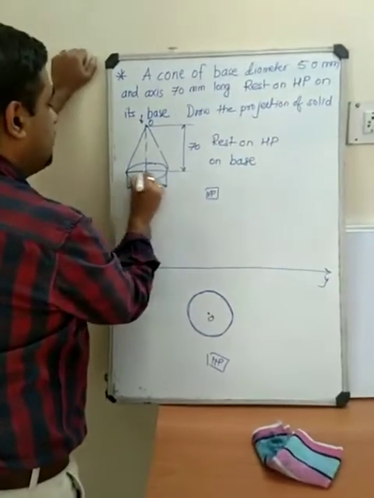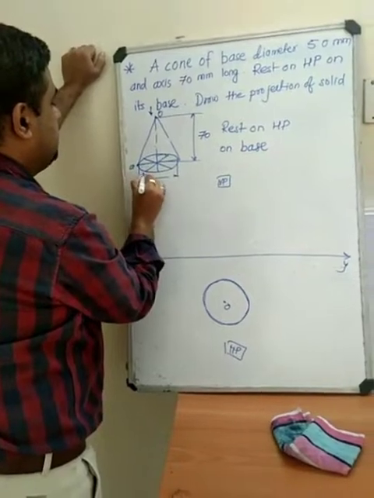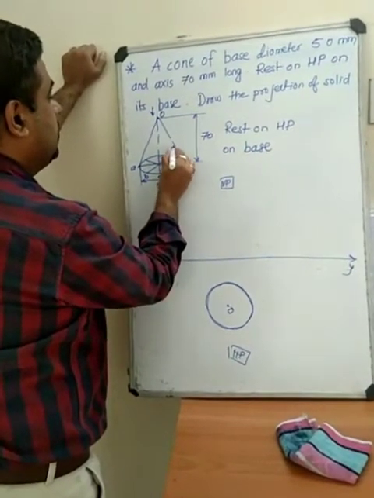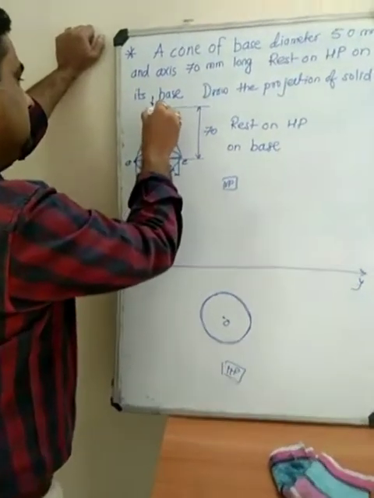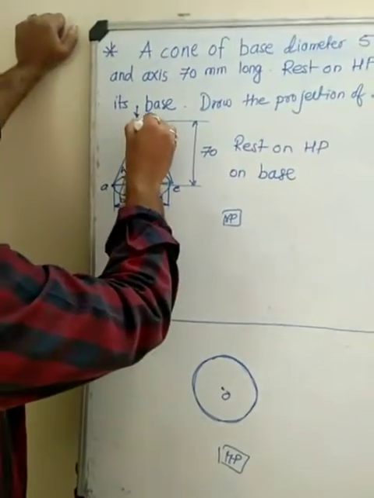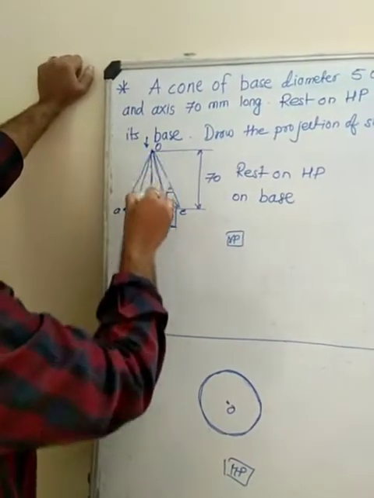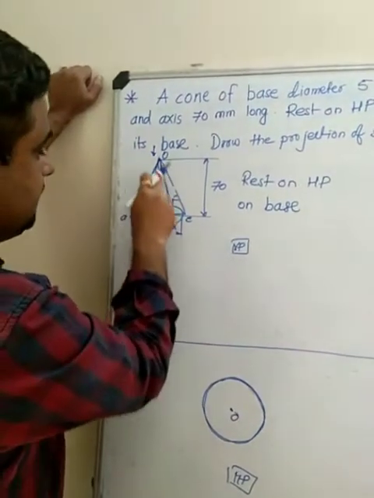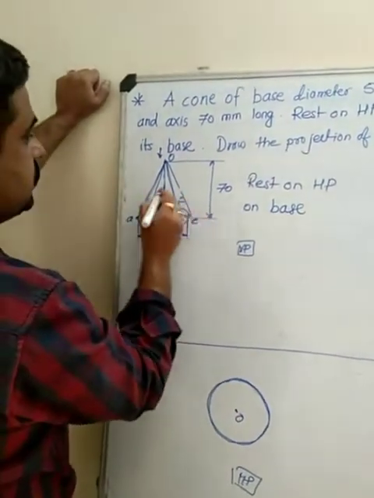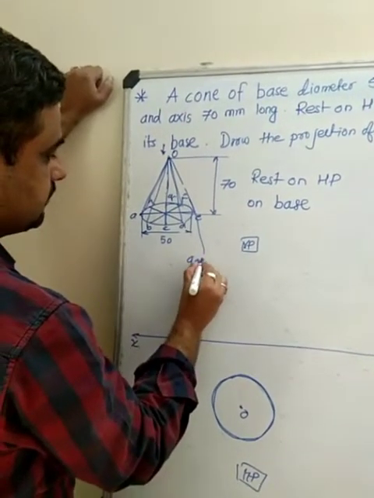Suppose this is O. Divide the circle into 8 equal parts. Suppose these are A, B, C, D, E, F, G, H. Now you join the apex with these imaginary points: OA, OB, OC, up to OF, OG, OH. These are the imaginary edges, and these imaginary edges are known as generators.